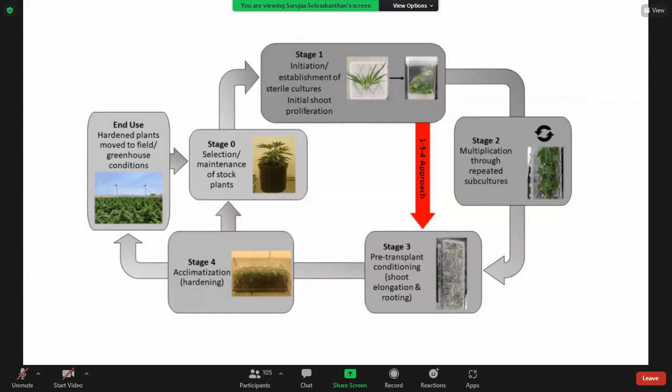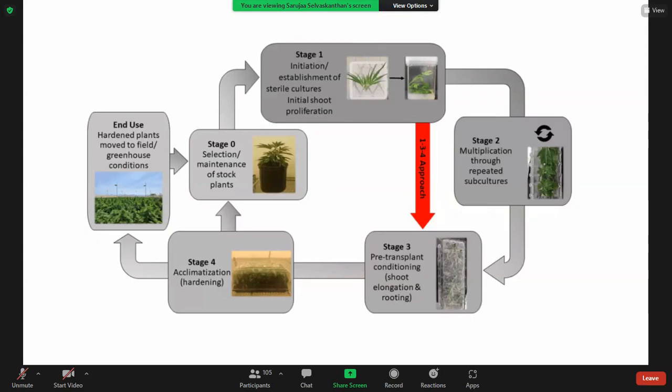We have to cut with a scalpel and separate it, and take each and every small shoot and inoculate it again in fresh media, the newly prepared media. That is in stage 2.